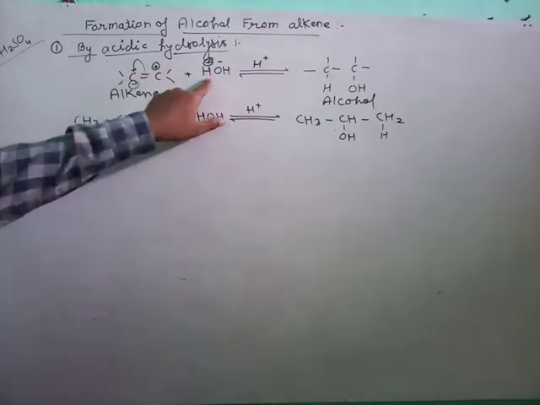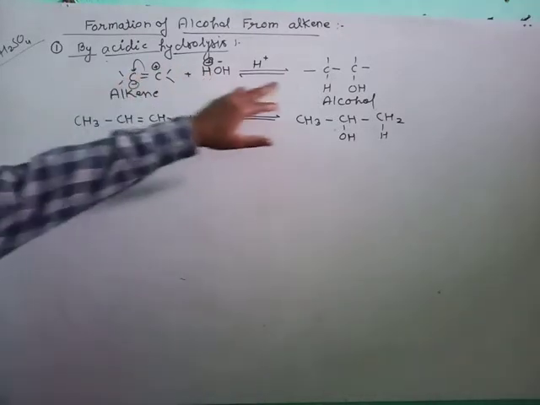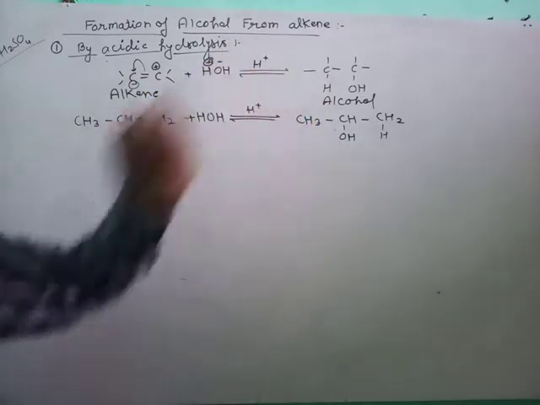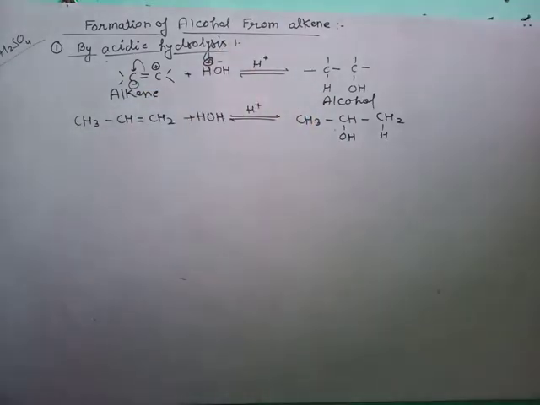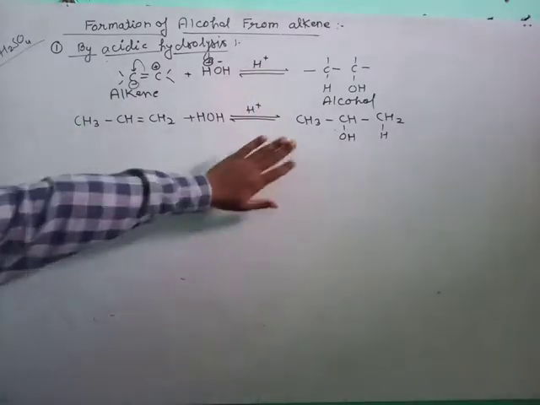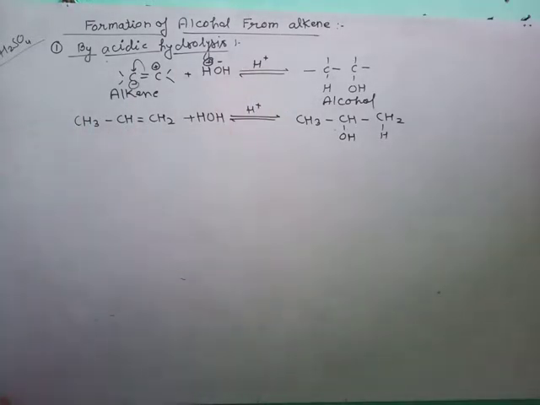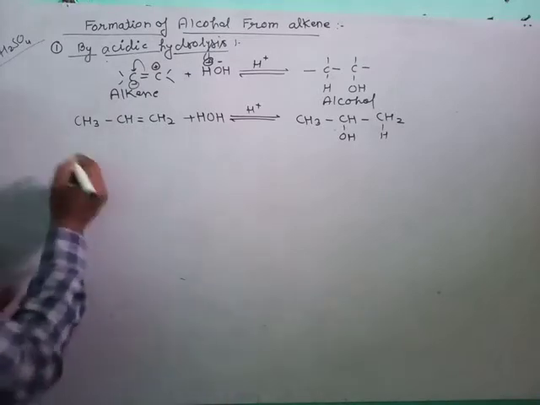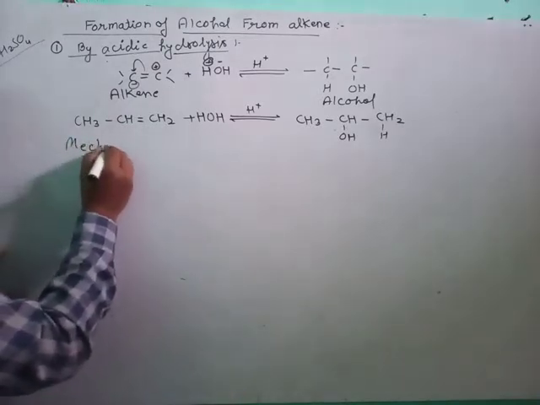H plus comes to this carbon and forms a C single bond H, and OH comes to this carbon and forms a C single bond OH. This is alcohol. The mechanism of this reaction is very typical, so we understand it in detail.